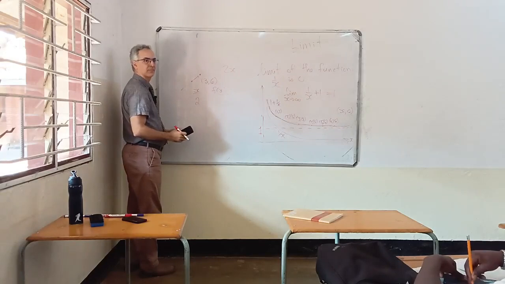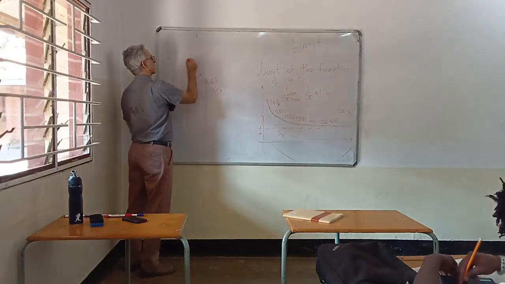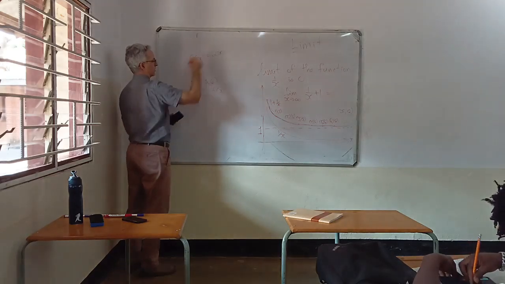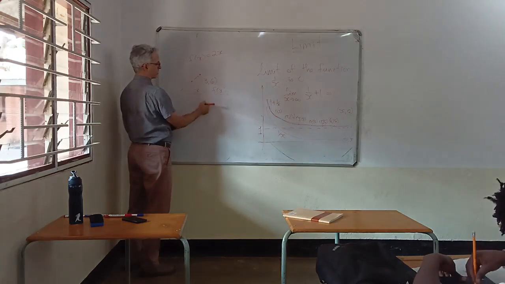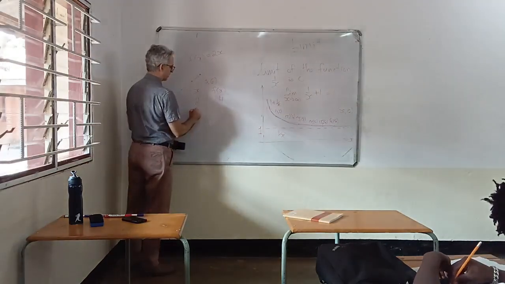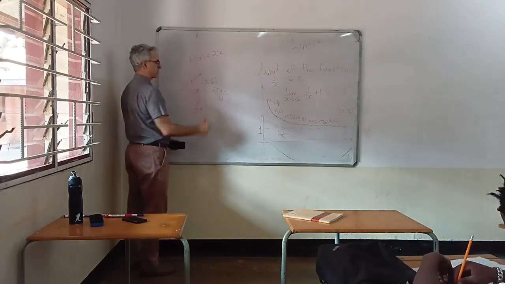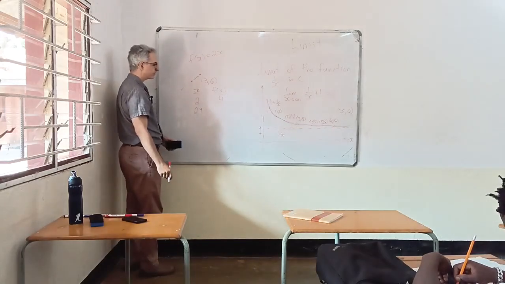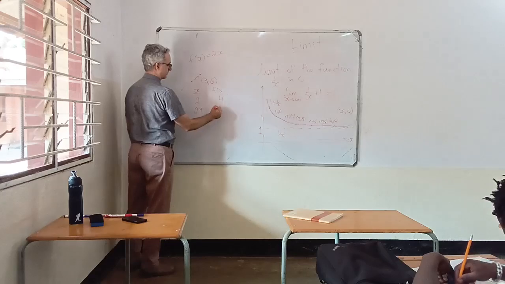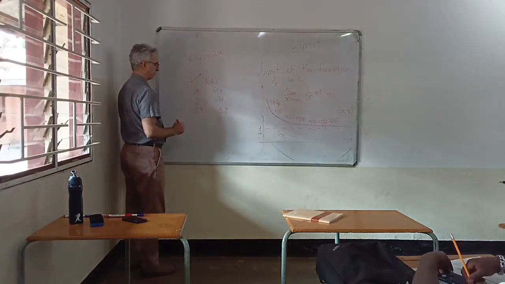Our function is 2x. f of x is 2x. That's our line. So when x is 2, what is f of x? 4. When x is 2.9, what is f of x? 5.8.